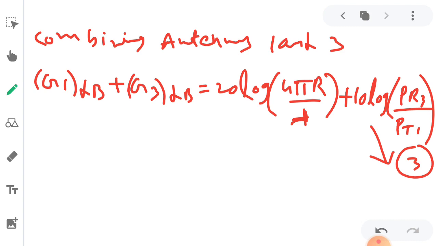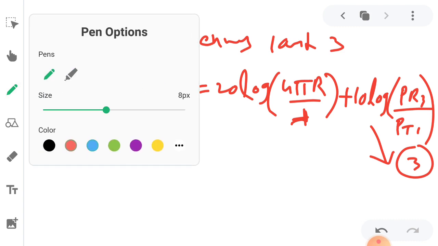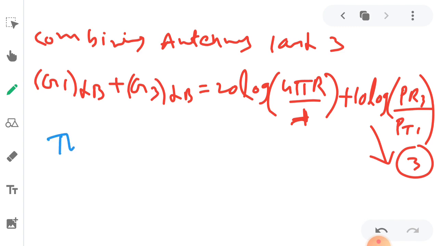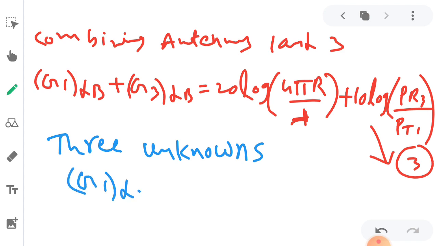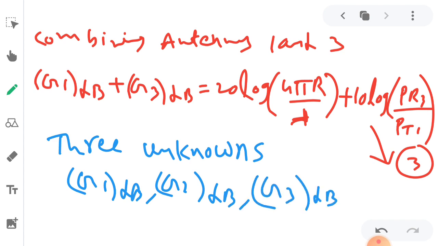So we have 3 unknowns here, and the powers received and transmitted are known. The 3 unknowns are G1 in decibels, G2 in decibels, and G3 in decibels. The received and transmitted powers PT1, PR2, PR3, PT3 are all known, as they are measured powers.